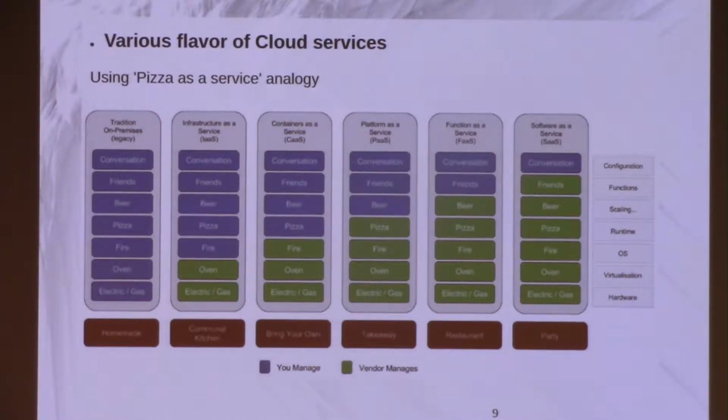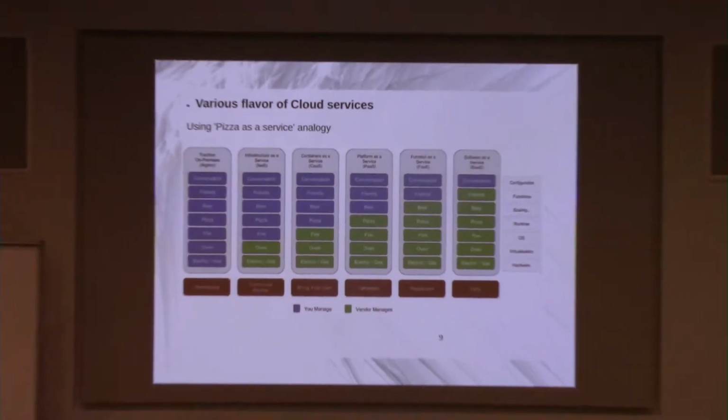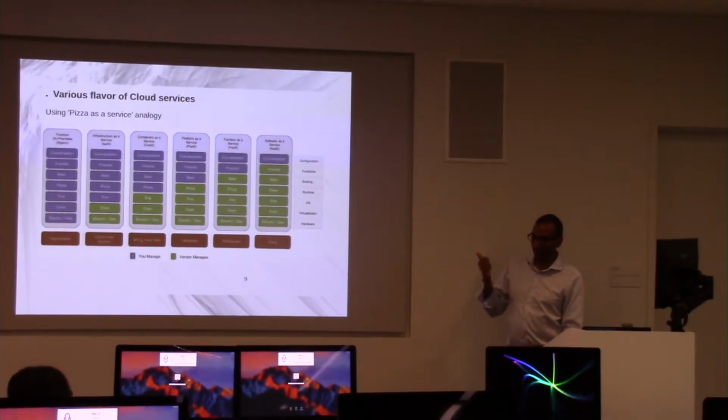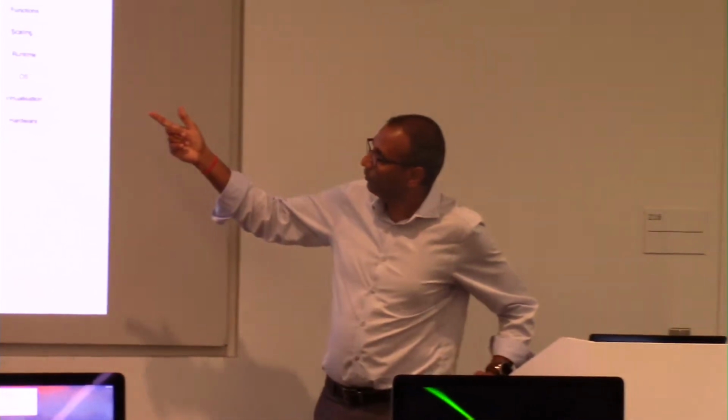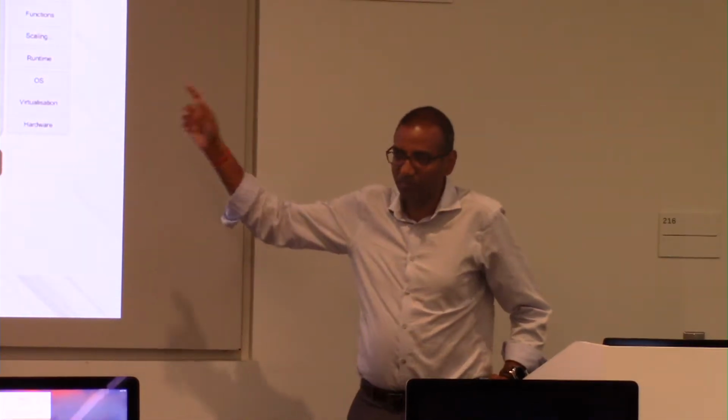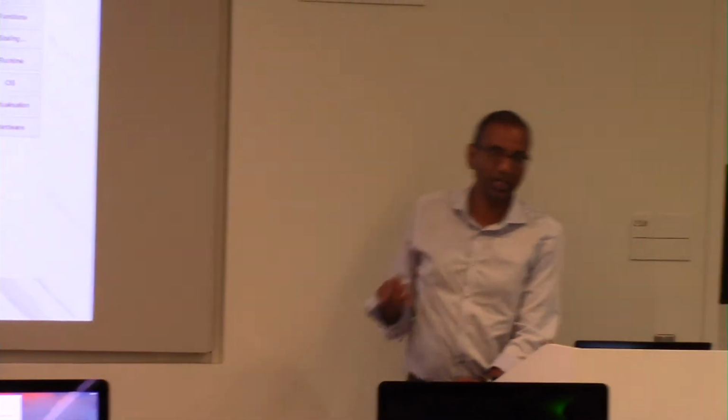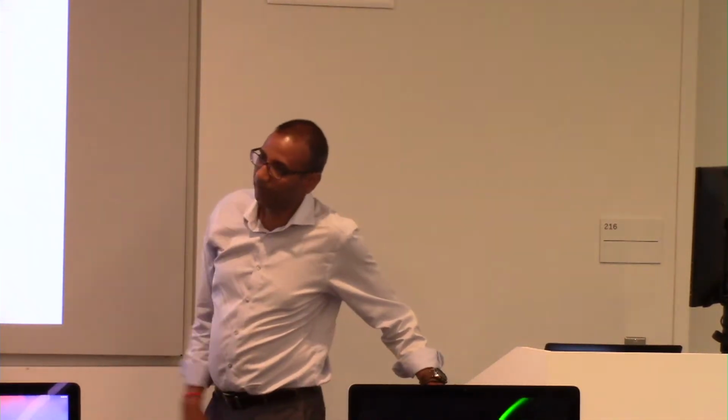Similar on Google. Google has three different offerings. One is called Google Compute Engine. The next is Google App Engine, which is equivalent to the PaaS. And then they introduced something called GKE, Google Kubernetes Engine, which is equivalent to the Container as a Service.